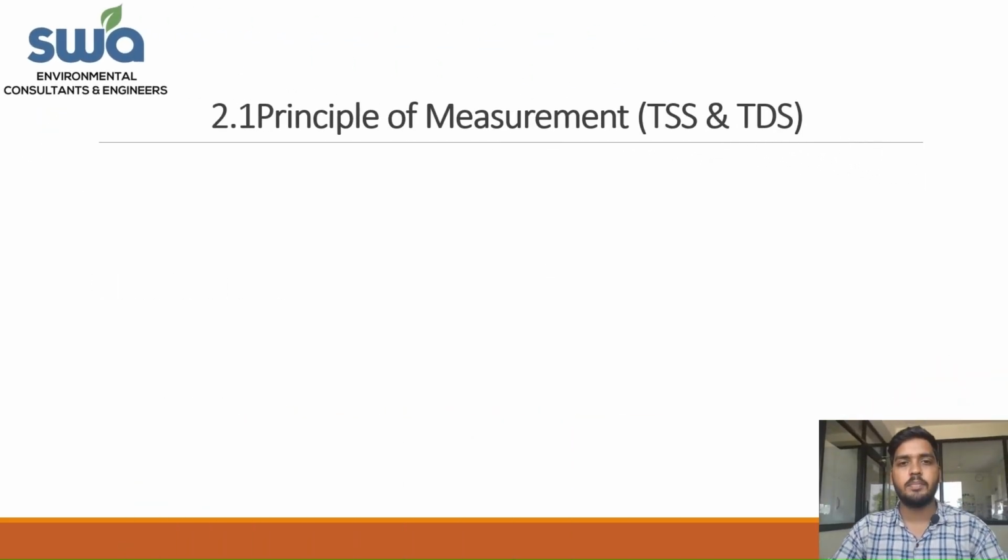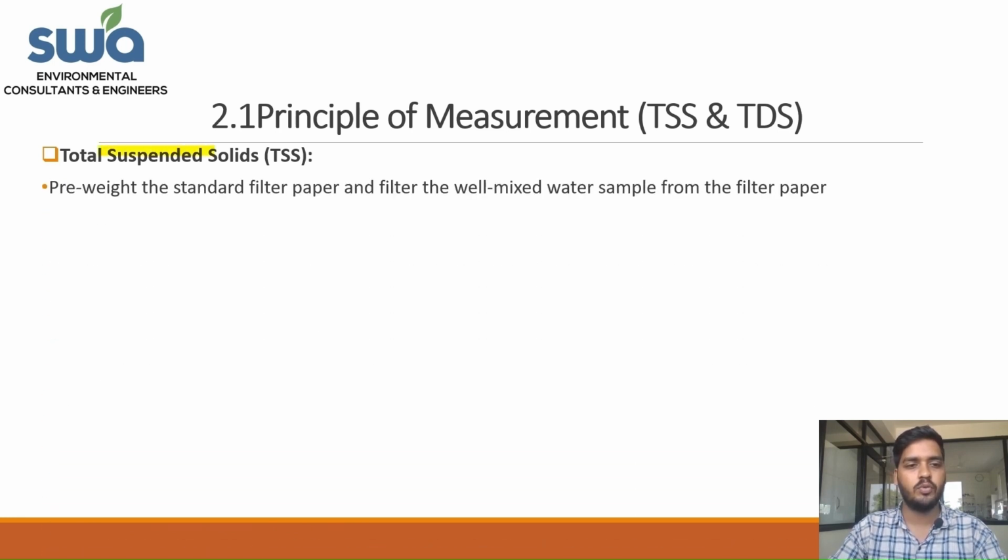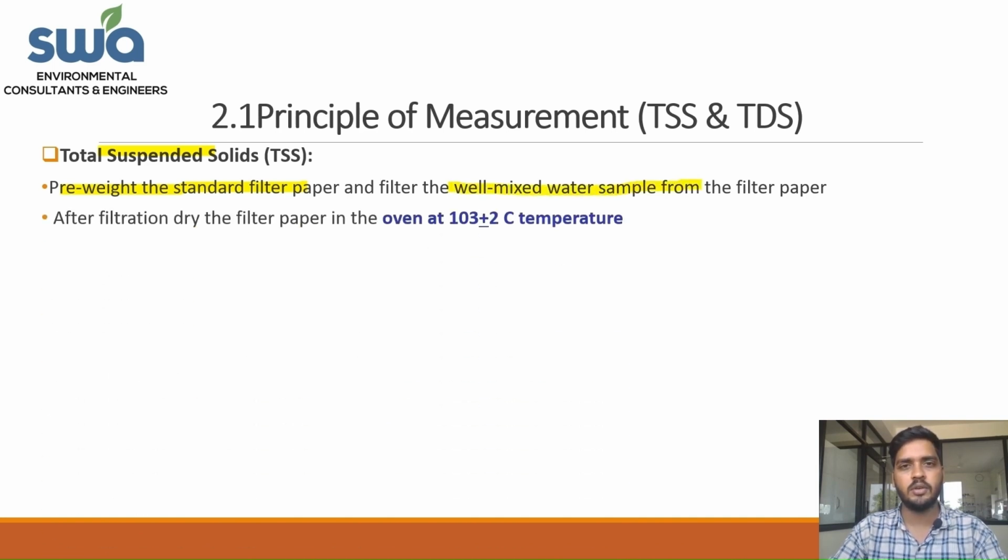So now let's understand the principle of measurement for suspended solids and dissolved solids. Let's start with the measurement of suspended solids first. Basically, you have to pre-weigh the standard filter paper and filter the well mixed sample through the filter paper. After filtration, you will be able to see the suspended solids on top of the filter paper.